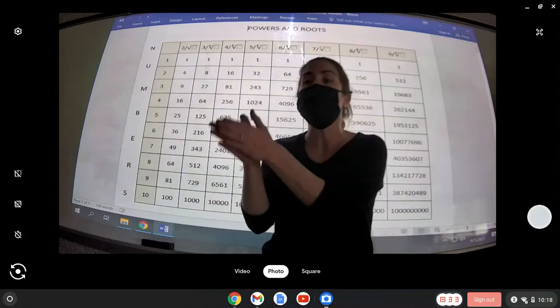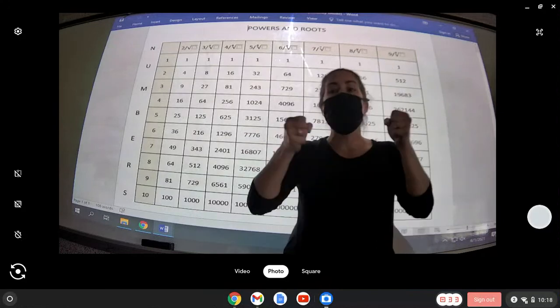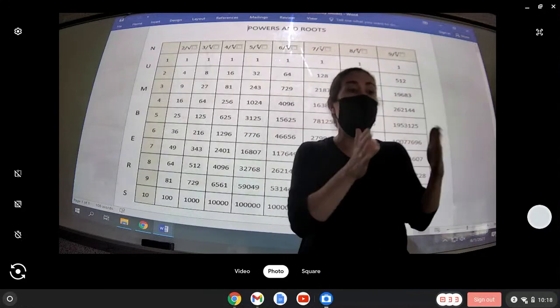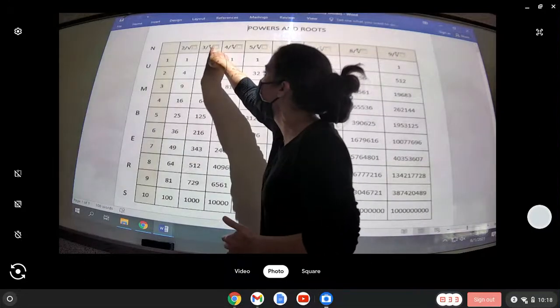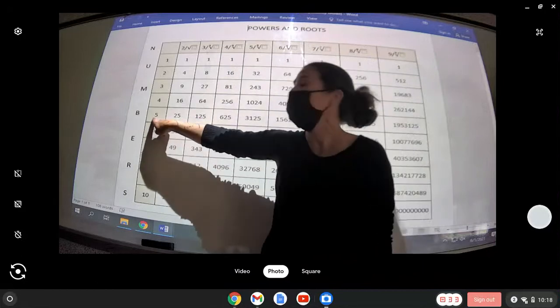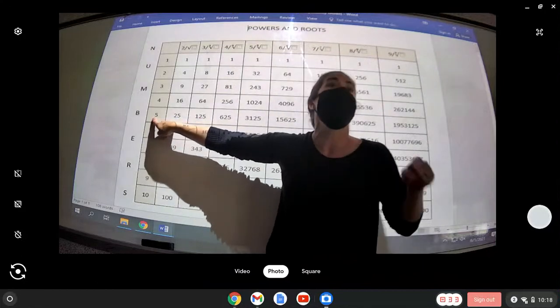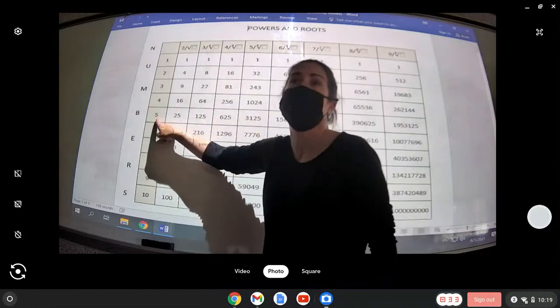The chart also works in reverse. If I asked you, what's the third root of 125? Find your third root column, look for the number 125, and take it all the way home to the left. What number do you land on? 5. So the third root of 125 is 5.